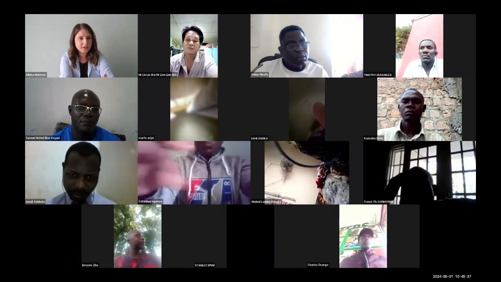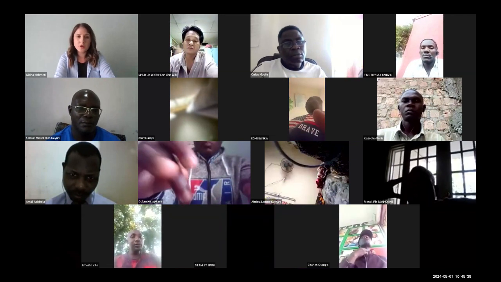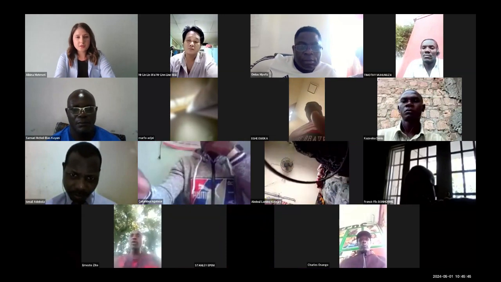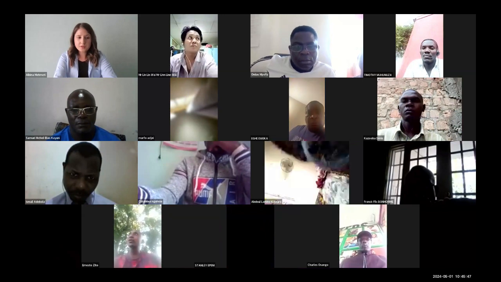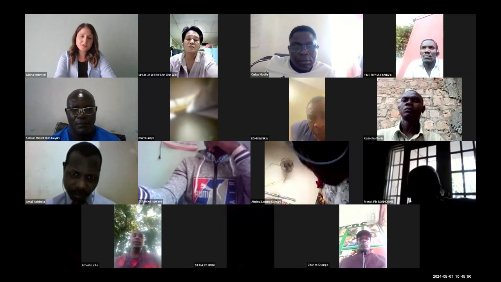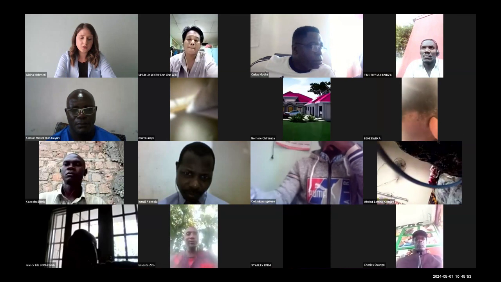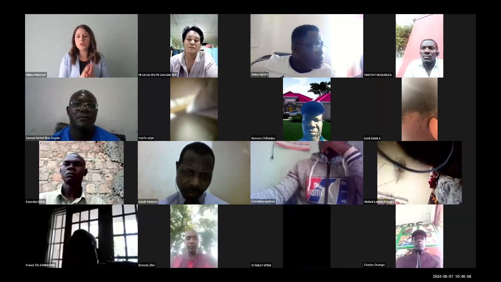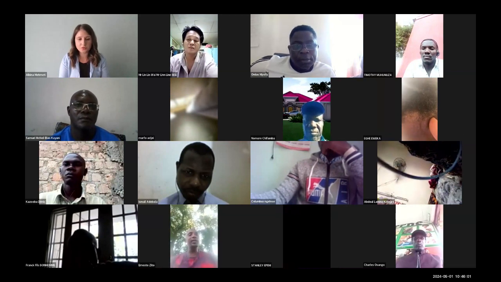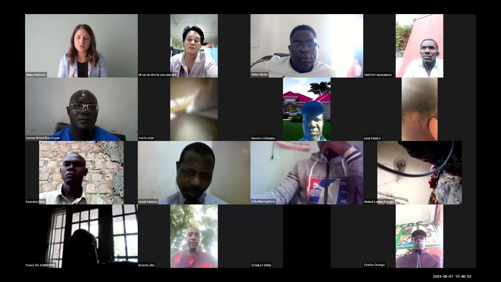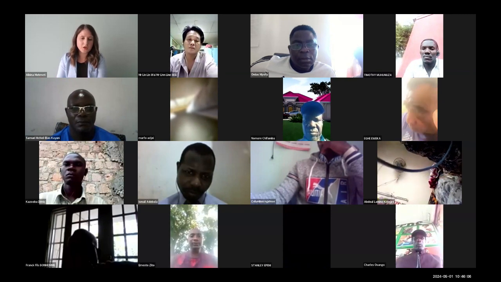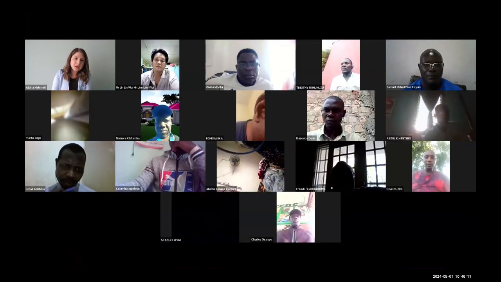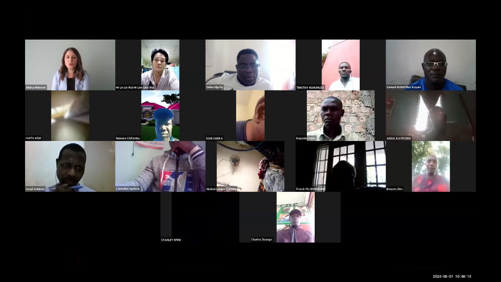But if there is an elevator, there must also be an elevator which is bigger than the others, and it can serve in an emergency, so that a stretcher can fit in it. So we have to think of all the possibilities in order to take into consideration all the end users of the buildings. So these are small steps or small designs for all the community.